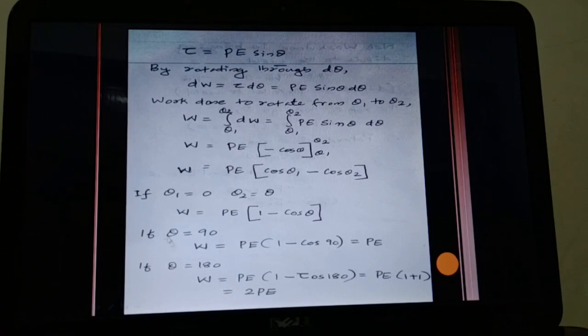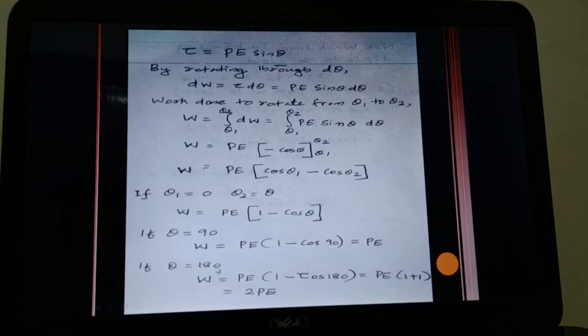How much work is required for that? Initially theta 1 is 0, so that 1 will remain there. Then cos 90 will become 0, so that will become PE. Which means to rotate the dipole from the parallel direction to the perpendicular direction, PE amount of work is required.